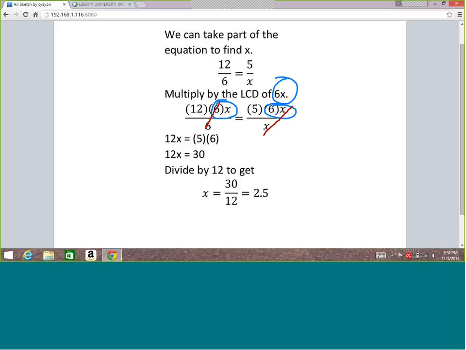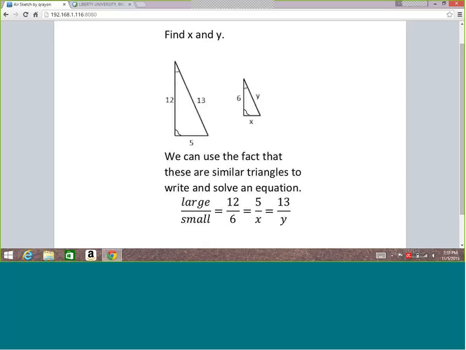I can go back to what I wrote and find an equation to find y. I can still use my 12 over 6, but instead of setting it equal to 5 over x, I'm going to set it equal to 13 over y. So we're just going to use those two pieces and write an equation to solve.